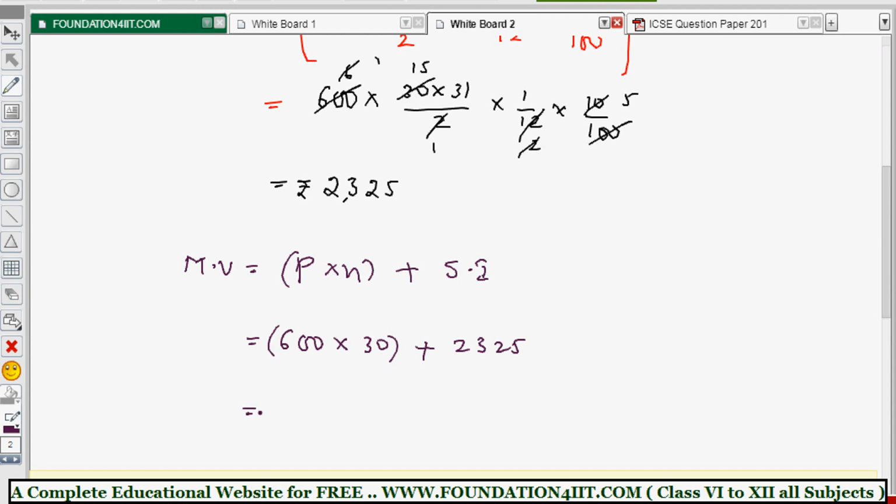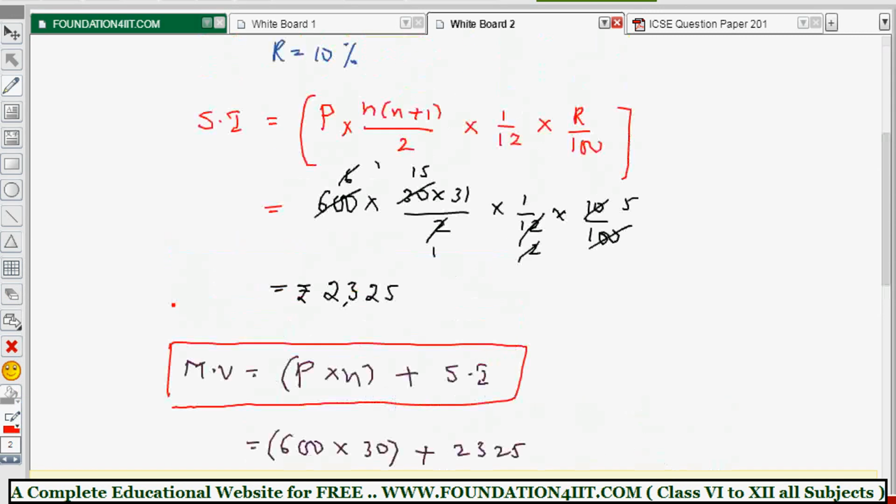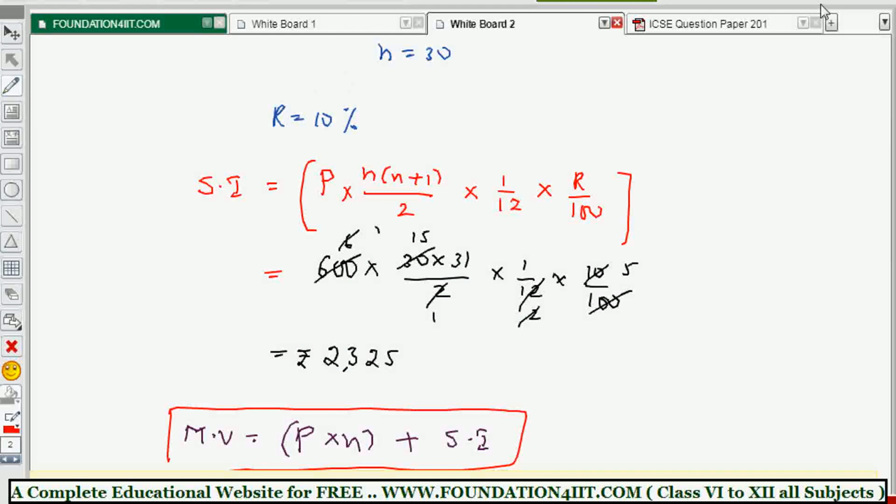Multiply this and add the interest. Then that is 18,000 plus 2,325, equal to rupees 20,325. Right? This is the maturity value. That's simple. Only these two formulas you should remember carefully: one is maturity value, and at the same time, one is simple interest in this banking question.